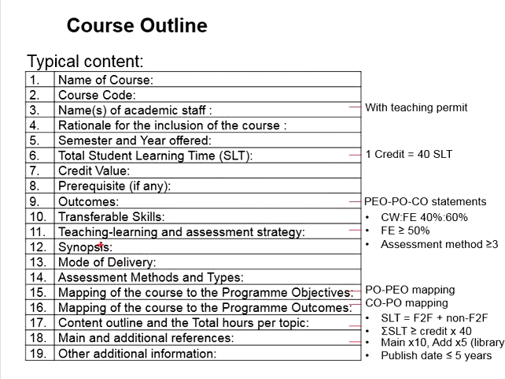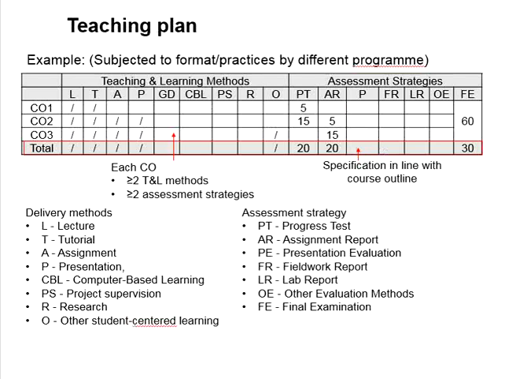Since the mode of delivery has been specified in the course outline, if it is mentioned, then you will need to make sure that you have those within your course, which may not necessarily be for each course outcome, especially when for some course outcome you feel it is inappropriate or ineffective. The flexibility is given to you at this stage.